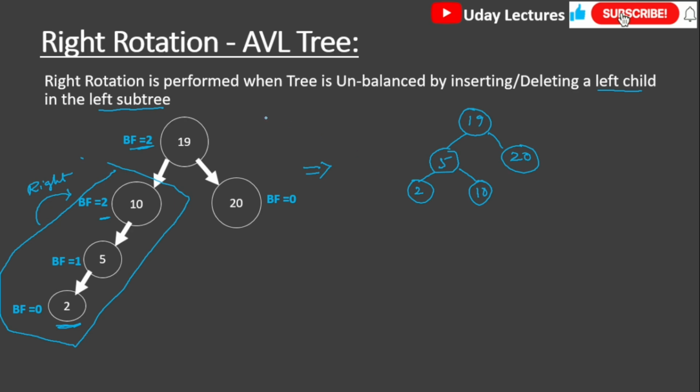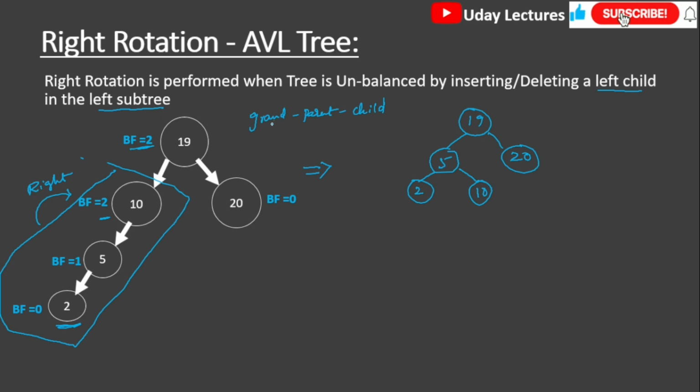And always remember, in right rotation also the rotation is performed between grandparent, parent and child. This is really important. Okay, so here in this case grandparent is 10, parent is 5 and child is 2. So this is how the right rotation operation is performed.